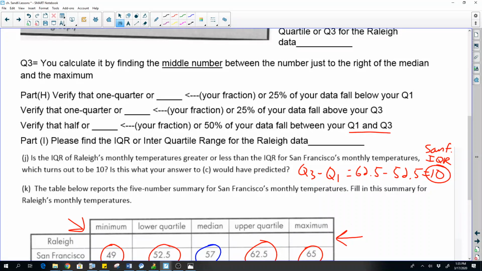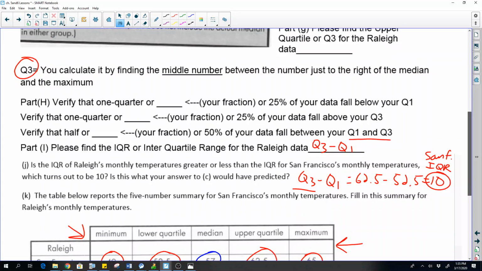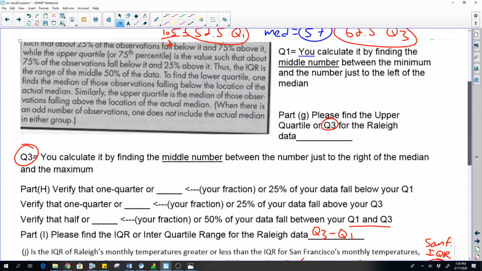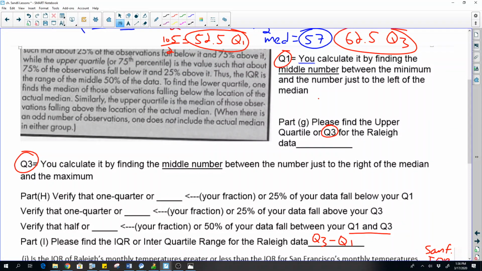You find out using the IQR, the interquartile range, which is Q3 minus Q1. Whatever you find for Q3, the upper quartile, put here, and whatever you find for Q1, the lower quartile, find that one as well.